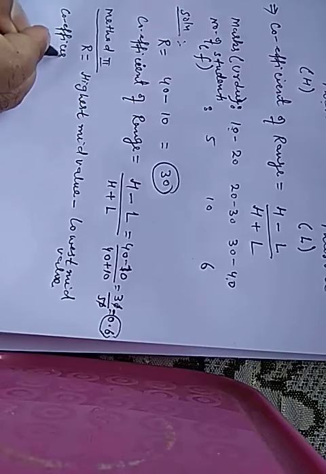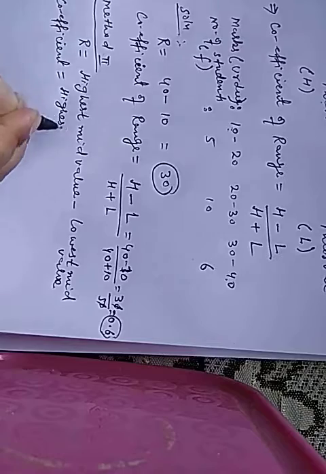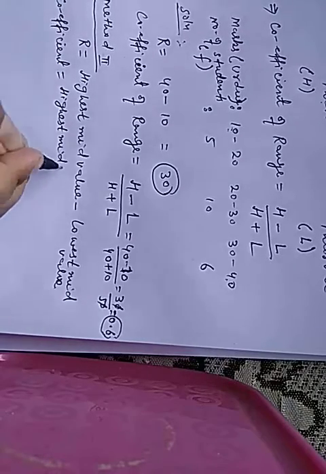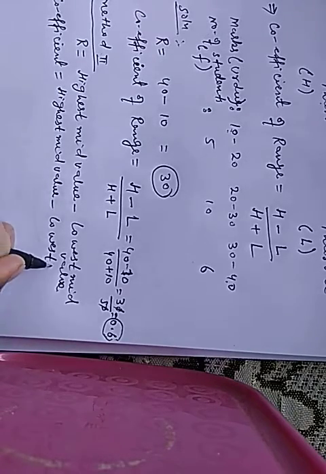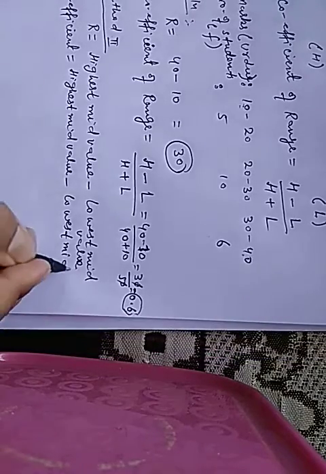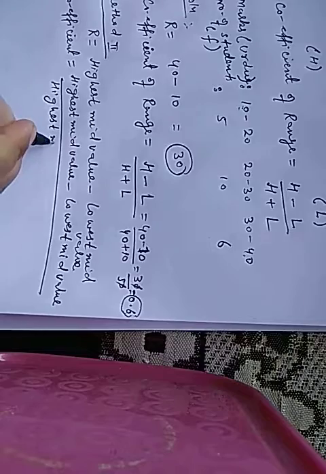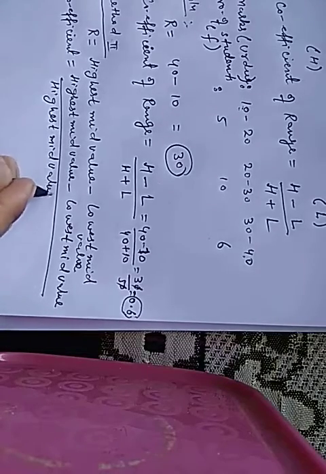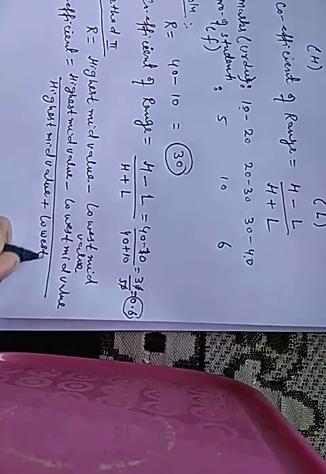And coefficient of range will be equal to highest mid value minus lowest mid value divided by highest mid value plus lowest, or we can write smallest, mid value.